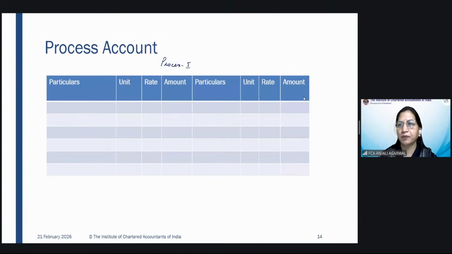Now let's see how we prepare the process accounts. So let's say process account, process one. You can have it in 4 columns or you can have it in 3 columns. So what will happen is, let's say in process one, I am first applying material. For example, 1000 units available at the rate of 5 rupee per unit.